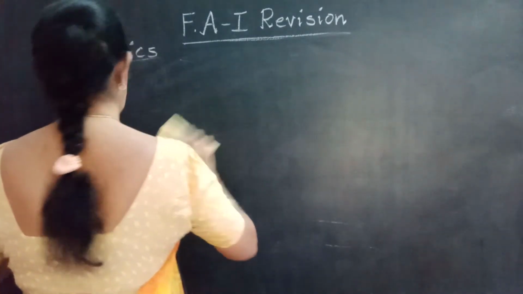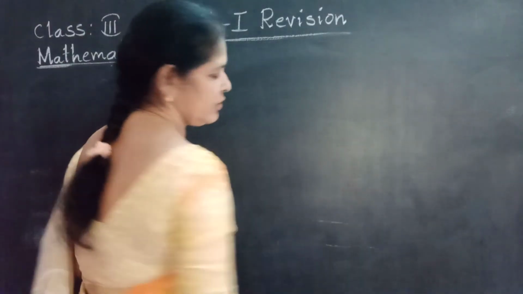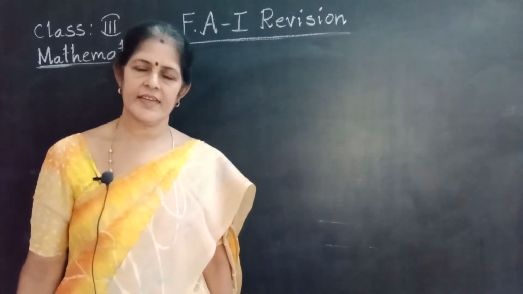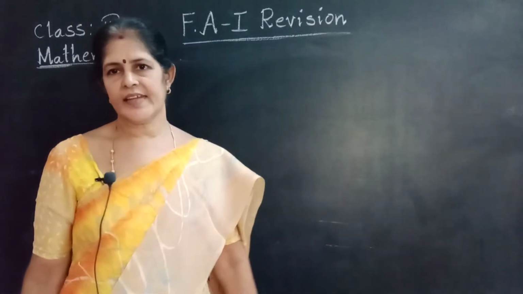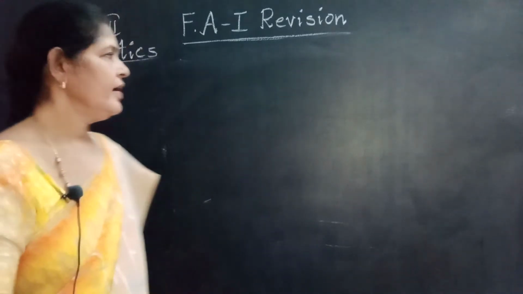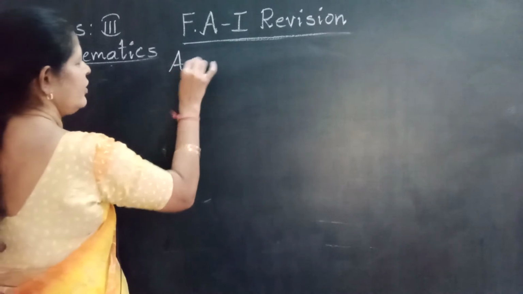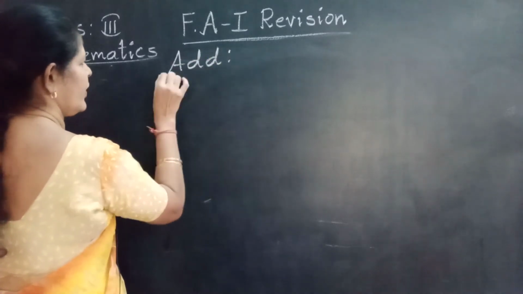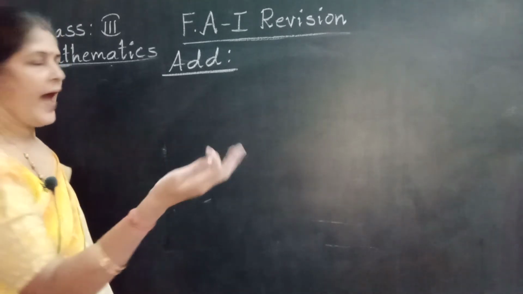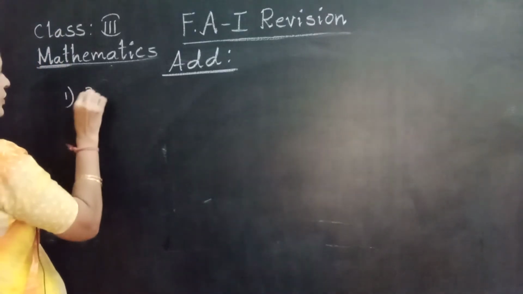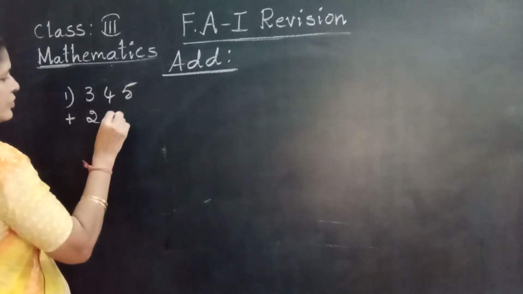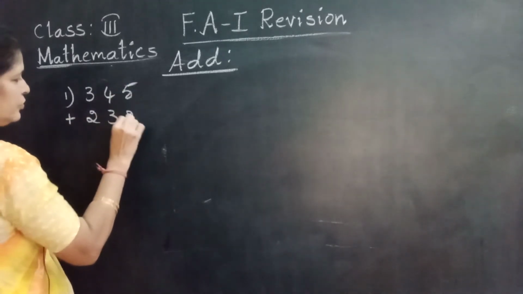Add the following. Already you know how to do addition: adding 3-digit numbers and 4-digit numbers with regrouping and without regrouping. I give you, you note down and practice in your homework book. Find the total, find the sum, add. Come on, note down. 345 plus 232.